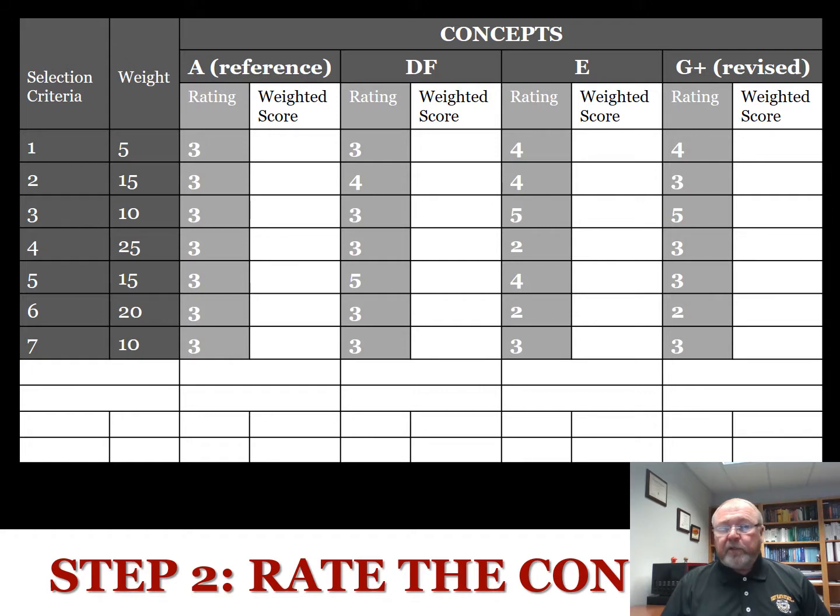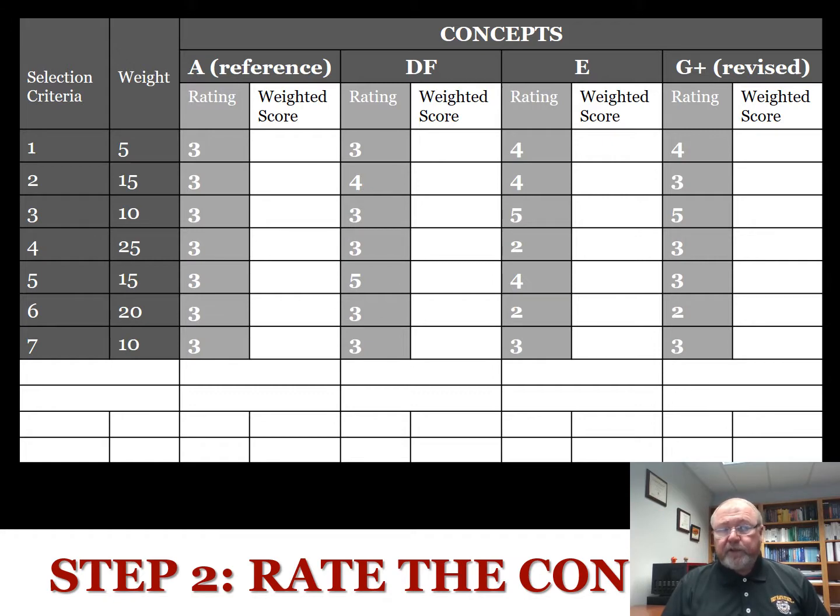How about concept E? Better on criteria 1? Who cares? Criteria 1 was only 5% of the weight. So even though it's better, that doesn't generate a lot of advantage for that concept on that criteria. Criteria 2, better. Criteria 3, which was again not a very important criteria, only 10% of the weight. Well, 5, much better.